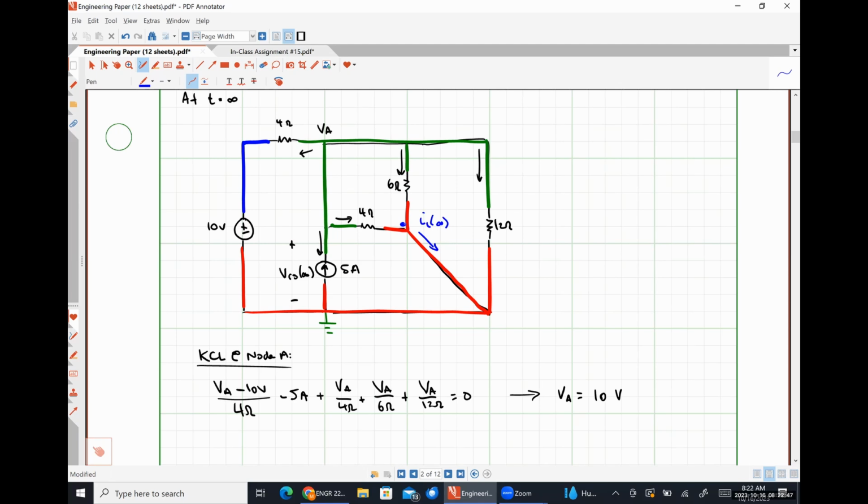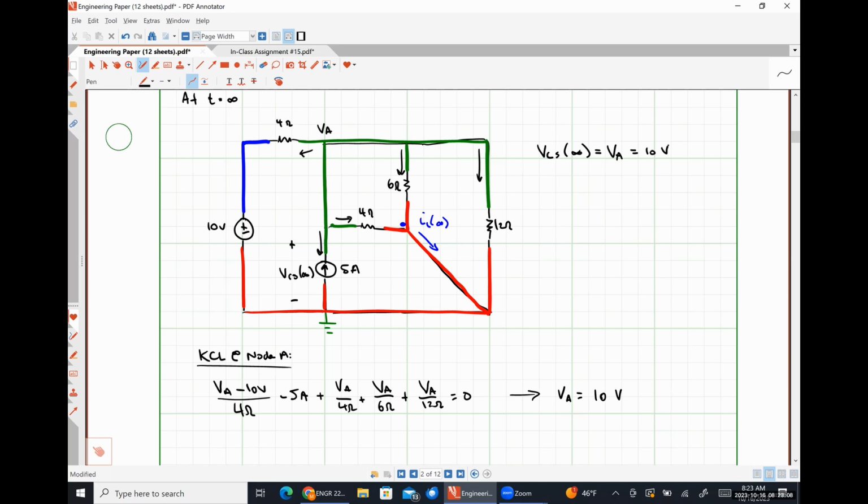So that would be VA over 4 plus VA over 6. All right, so since VA is 10 volts, VCS at infinity is just VA, which is just 10 volts.